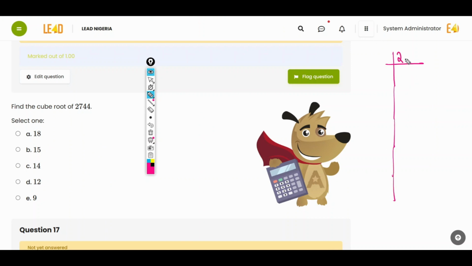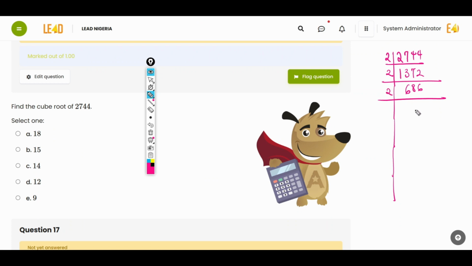All right, so we have 2744. All right, I could work with 2, so I have 1, 3, remainder 1, 7, 2. I could work with 2 again. I would have, so 2 in 13 will give me 6, 8, 6.